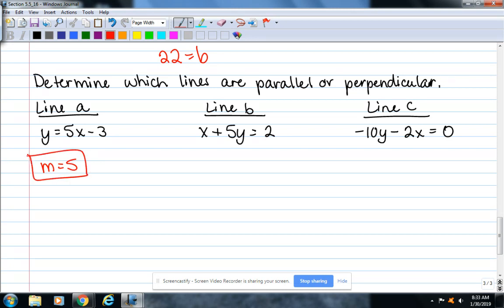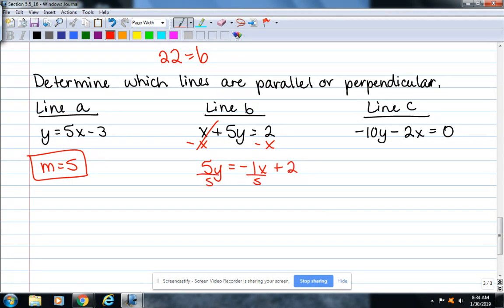Okay? So the second one, it says x plus 5y equals 2. That's not in slope-intercept form. So I need to make it look like y equals mx plus b. So what do I need to do to that one first? Subtract 1x. And then I get 5y equals what? Negative 1x plus 2. And then what?